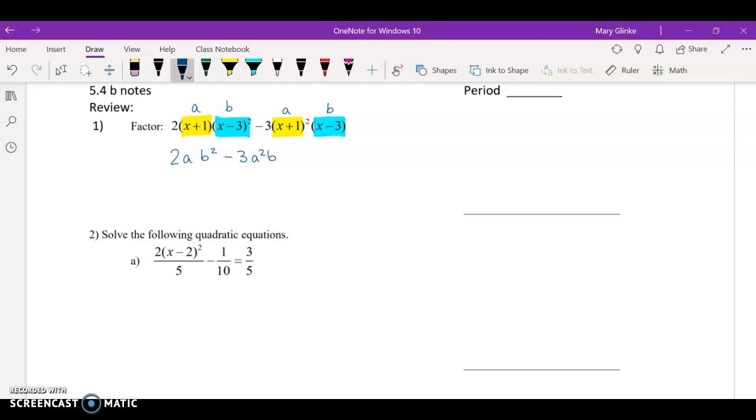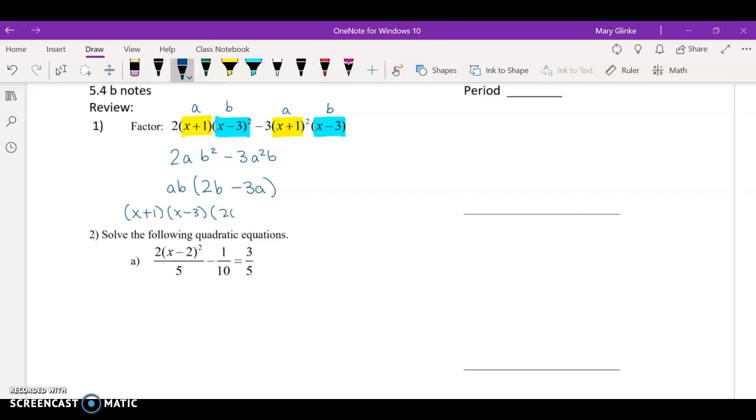To factor this, I'm going to look at the a's and b's. I'm left with ab, and I would be left behind with 2b minus 3a, which means a was x plus 1, b was x minus 3.